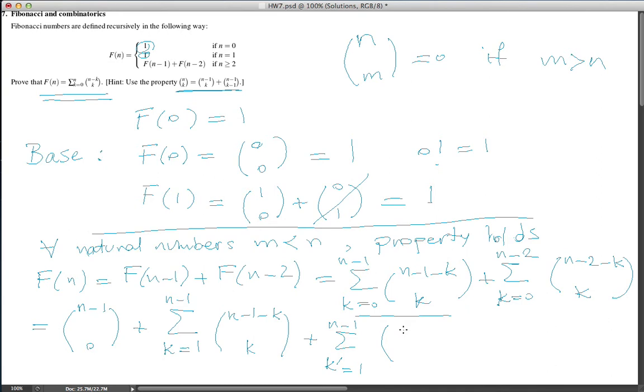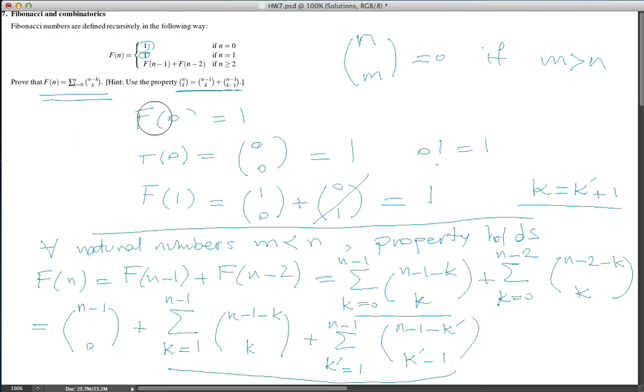Here we can see that k is basically k prime minus 1. So if k changes from 0 to n minus 2, k prime changes from 1 to n minus 1, and we have n minus 1 minus k prime choose k prime minus 1. Now I gather the terms of these two summations into one summation.